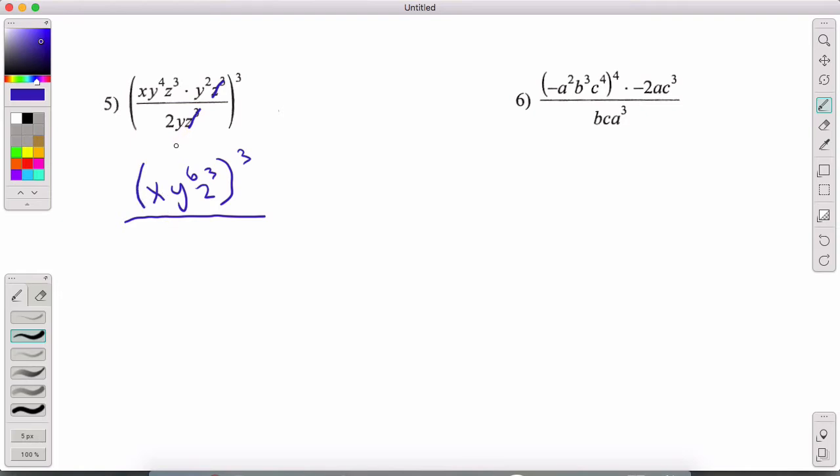In our denominator, we have 2 and a y, and that also is being taken to the third power. I'm going to go ahead and bring everything to the third power, and then I'm going to start to cancel where I can.